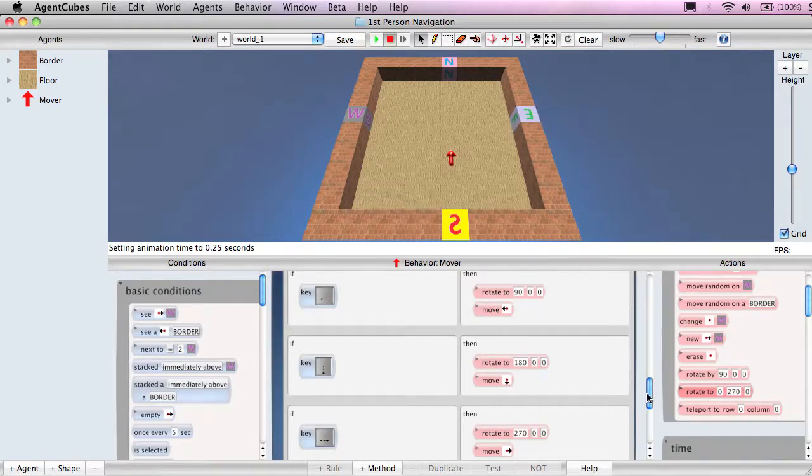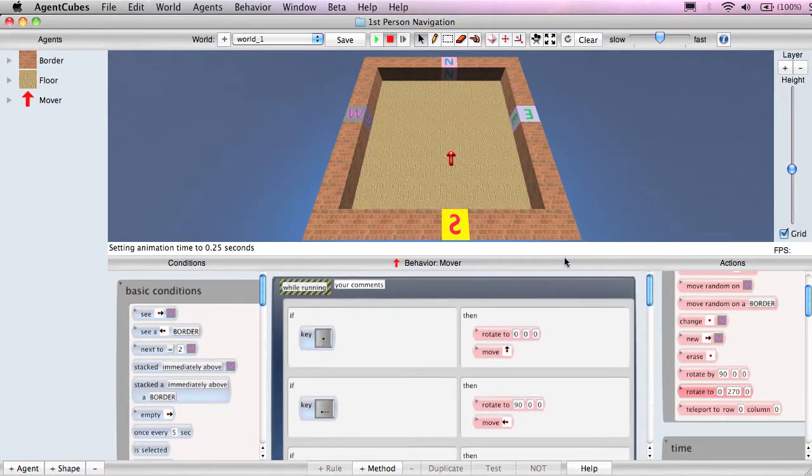They're mathematically the same. Let's try running the simulation first in bird's eye view mode. So I'll click play, and I move up. We see that the mover moves up. If I press the left arrow, I both rotate and move to the left.